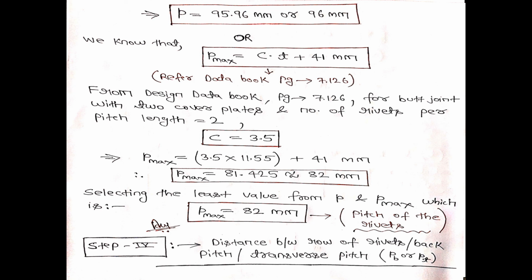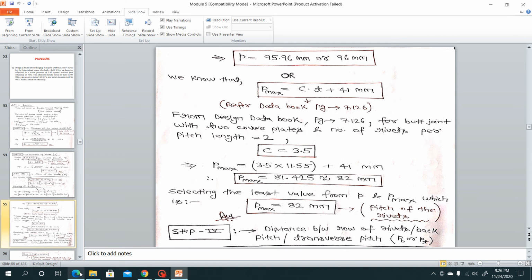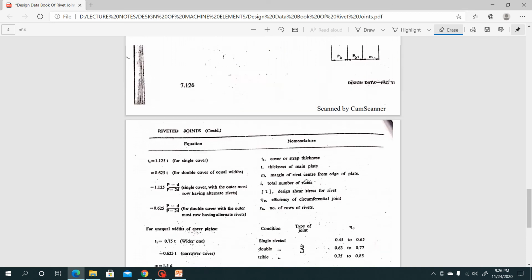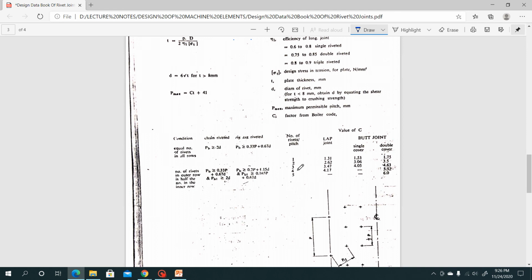In this expression, t I know, that is 11.55 mm. C is nothing but a boiler code which I have to get from the design data book. So let us go back to the design data book. On page number 7.126, this is the table for getting the value of C. Since we are talking about butt joint, we will eliminate this particular table.